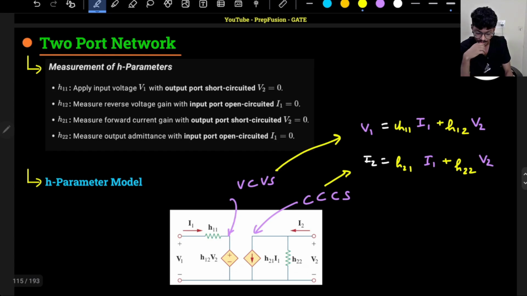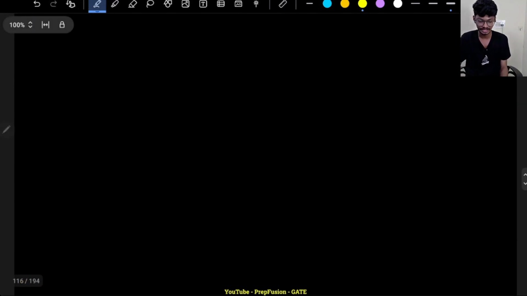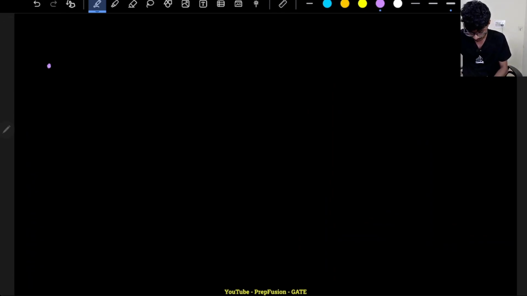And one more thing, whatever we have been learning: my I1 and V2 are independent variables, right?